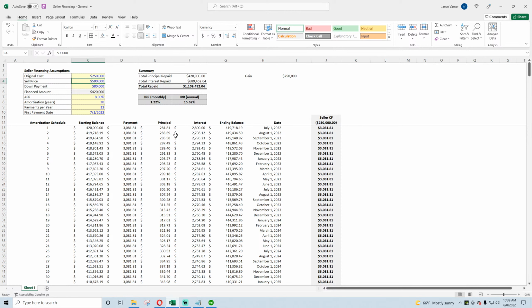Let's do a different number here. I don't want it to be exactly half. Let's say you sell it for 375,000 with a $50,000 down payment. Financing 325,000. Now our gain's 125.